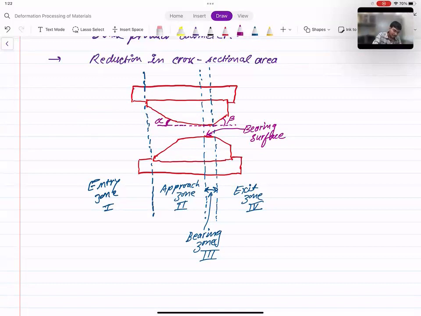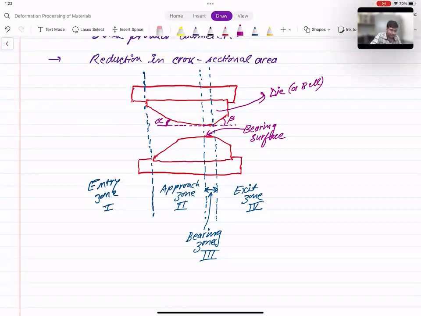As I mentioned earlier, this is the die or bell.